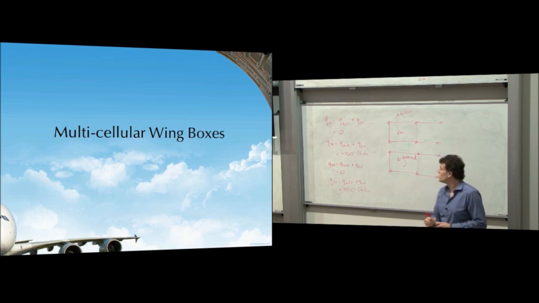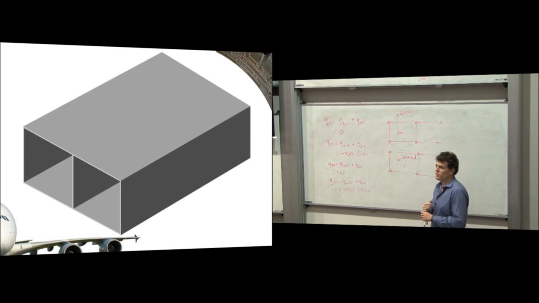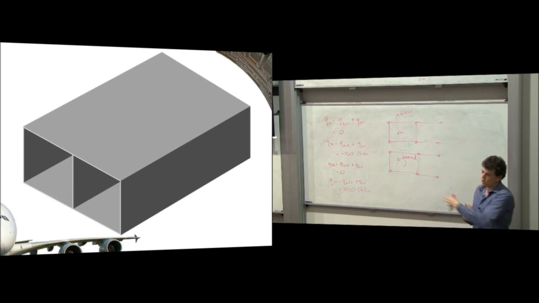Okay. So we're going to go one step more complex now, and assume we've got two closed boxes side by side. So instead of having a closed section and an open section, we've got two closed sections, or n closed sections, an unknown number of closed sections.